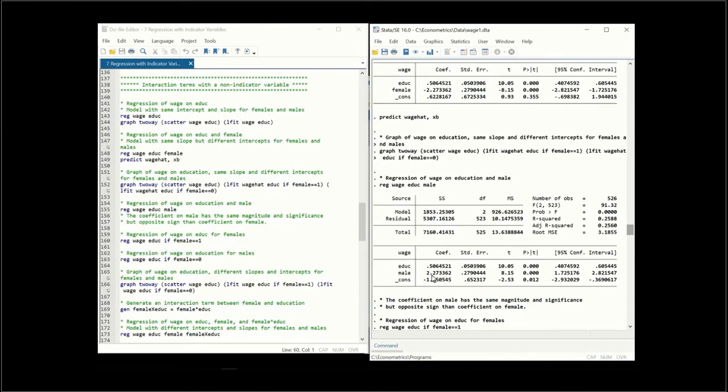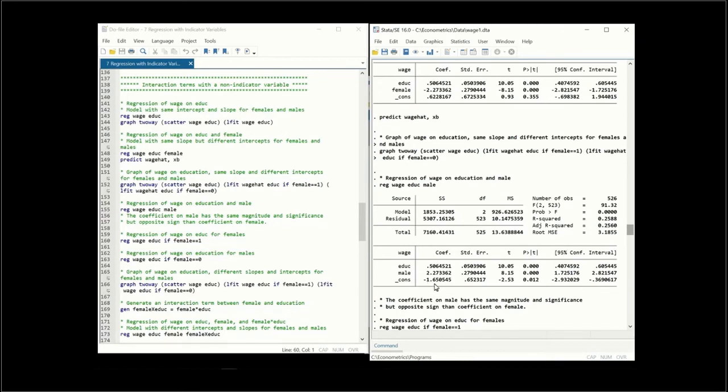Before, we said that females are getting $2.27 lower wages than males. Here we would say that males are getting $2.27 higher wages than females. And notice this constant here, minus 1.65. This is the intercept for females this time.